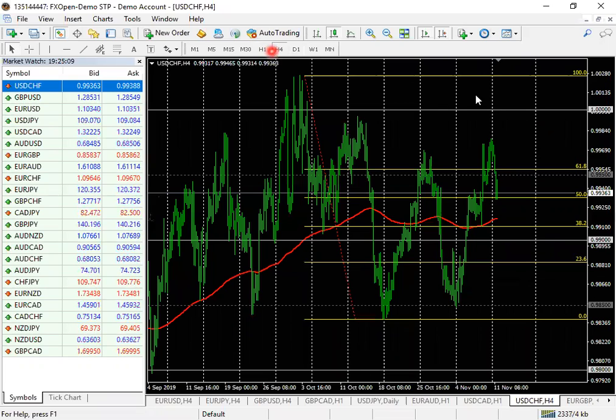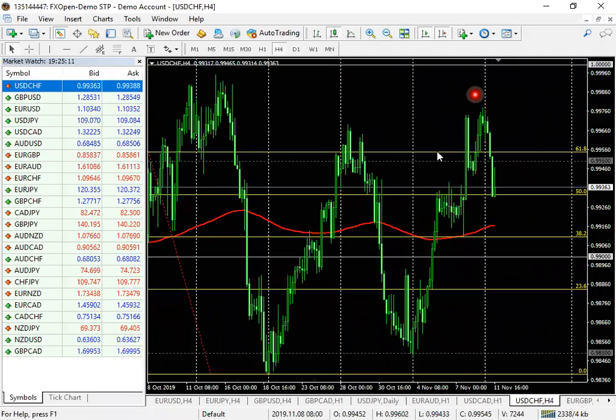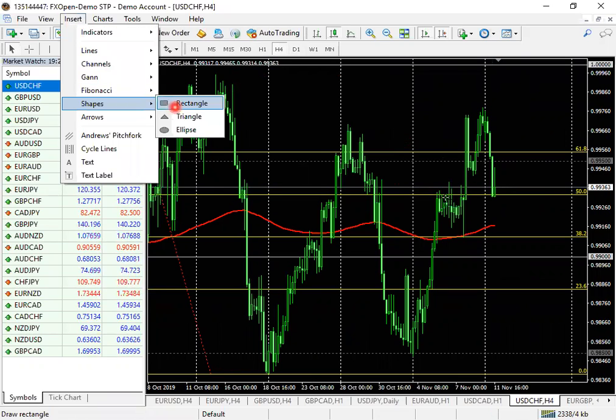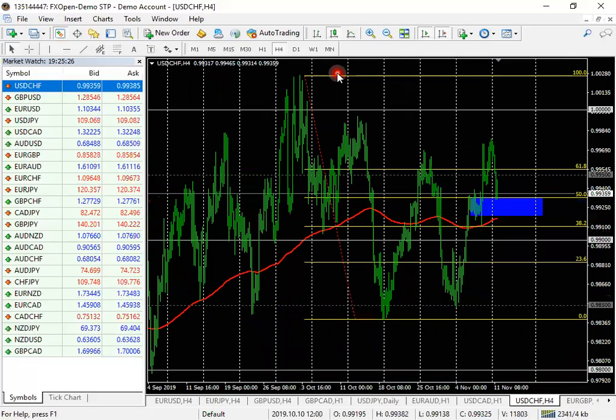But for now, it's not a really good setup. If I had to highlight one area, it would certainly be where the market is hovering around right now. In this area, we might see a bit of support and a bounce on the 200 moving average.